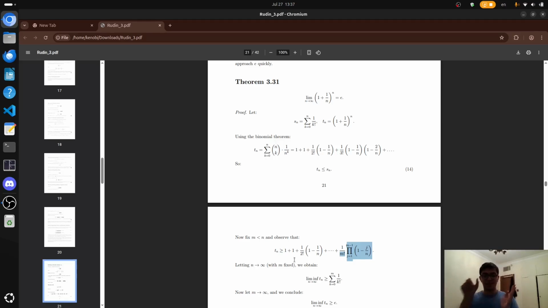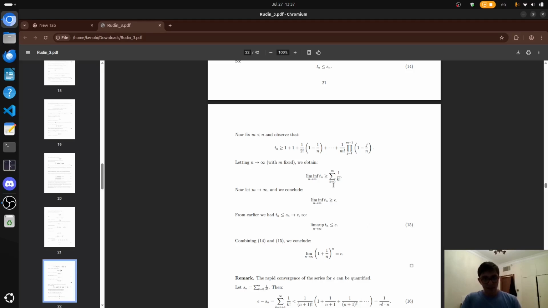So that means it's contained in Tn, so Tn is greater than this thing over here. Letting n go to infinity, we obtain the lim inf of Tn is greater than or equal to this sum up to m, and we can just set m to infinity and we get the same thing. So we're going to get these two results over here. Combining them, we get that the limit is equal to e.